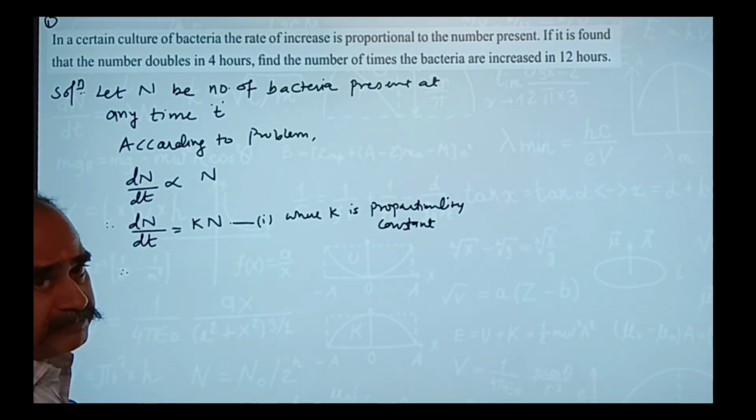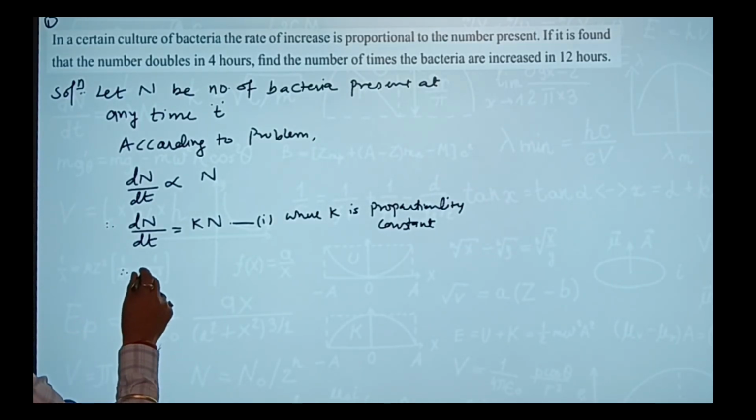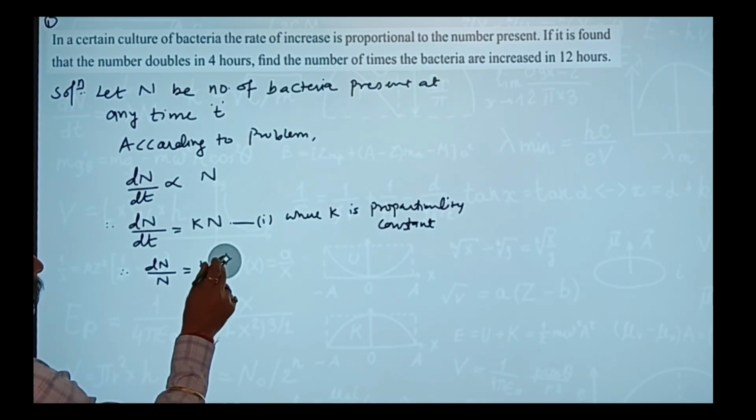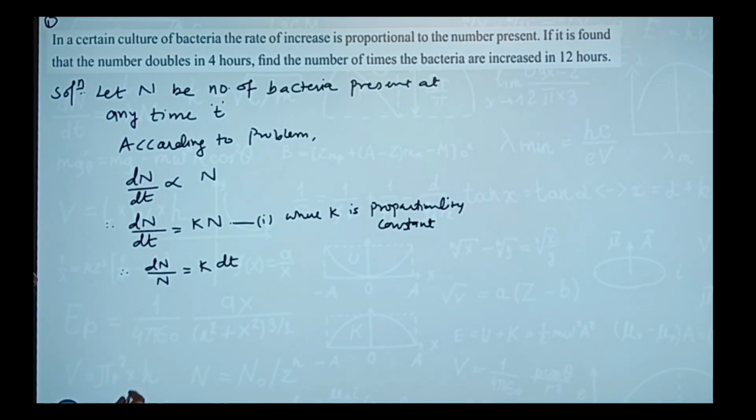Now, this differential equation we have to solve. So dn upon n is equal to k dt. We separated variables.